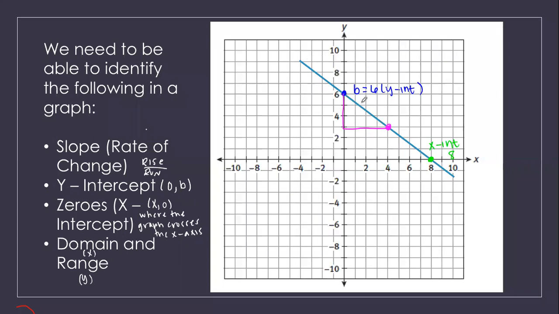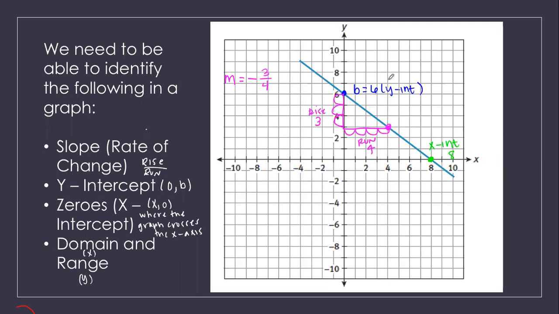Here, I know my slope is going to be negative because this line is going down. So it's going to be negative something. So we need to look at rise over run. It's rising 1, 2, 3. And it's running 1, 2, 3, 4. So my slope is -3 over 4.